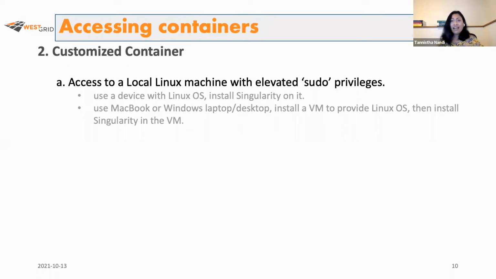But other times, we may want to build a customized container for something specific to our own research work, right? So now we'll see how we can build a customized container for our use. Before I talk about the customization, there are two things to consider here. First is the access to a local machine with elevated privileges, with sudo privileges, where you have admin rights.